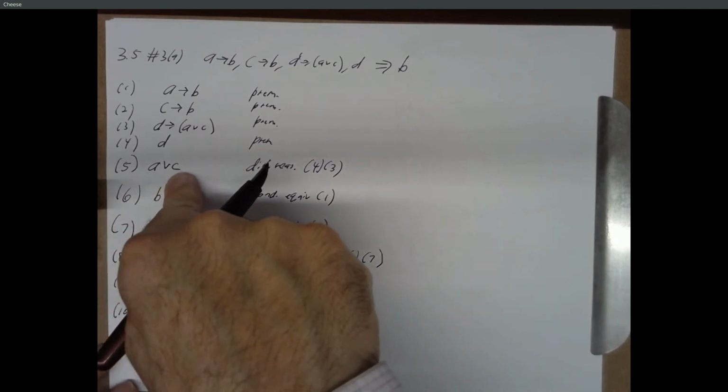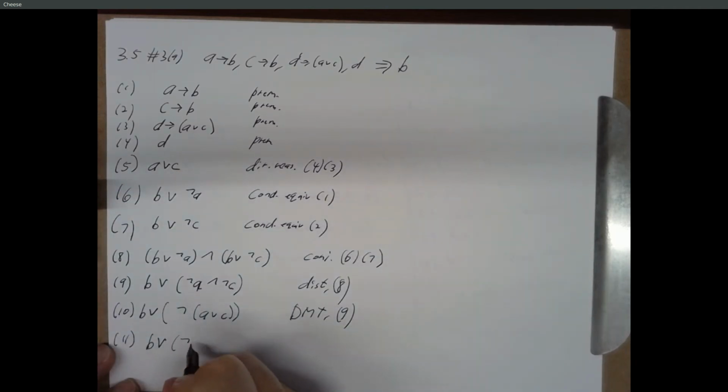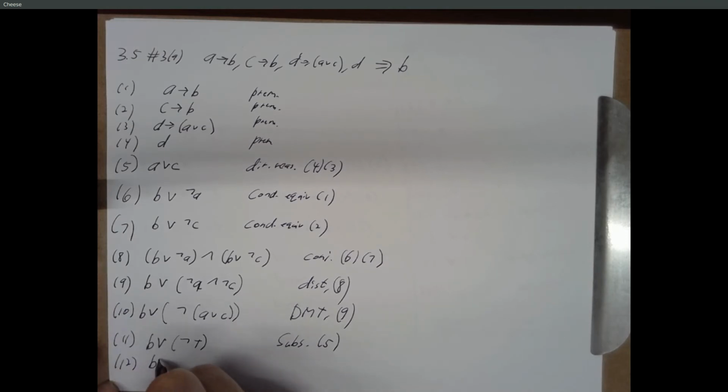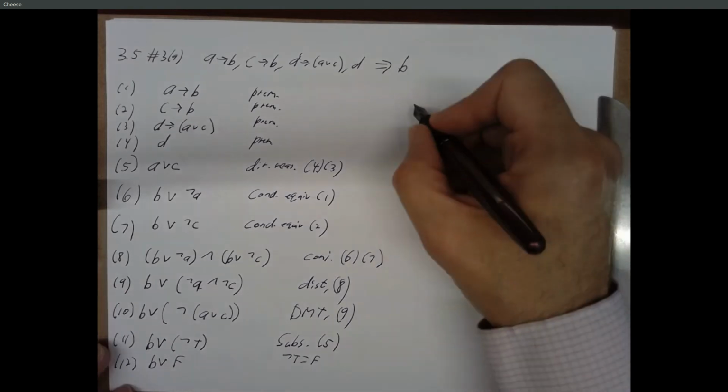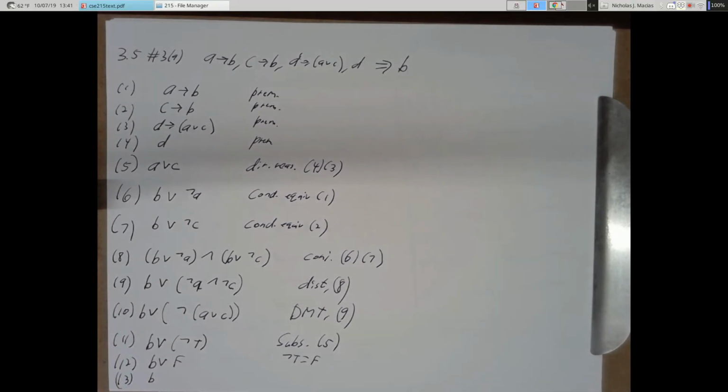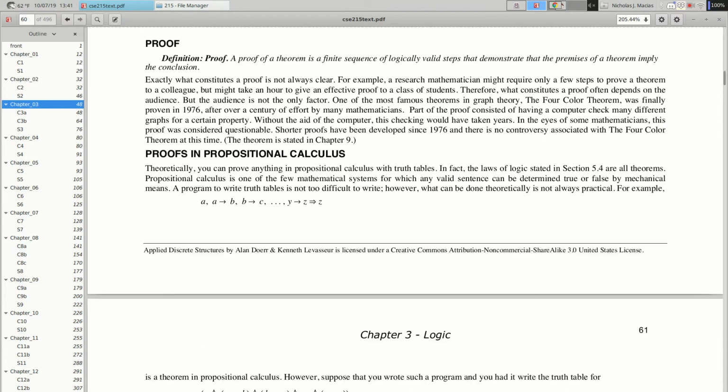And we know that A or C is true, so this is B ORed with not true. And that's just substitution of statement 5. And not true is false. And that's just negation. And B ORed with F is just B. And that's some kind of simplification.